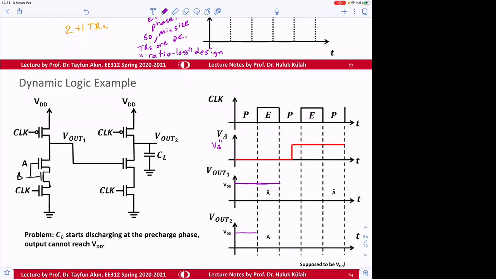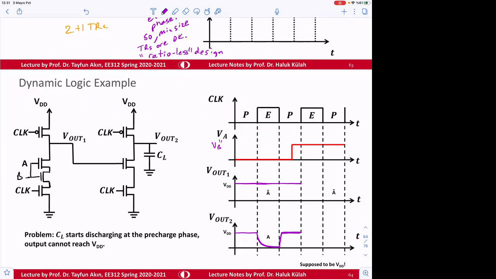And what about VR2? Again, in the pre-charge mode, this will be VDD. And then it will be decreasing. Okay, everything is fine. During the evaluation, this will go up to high, because it always remains high. Okay, now A and B are high.